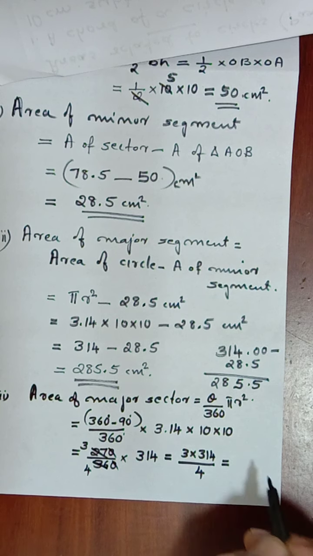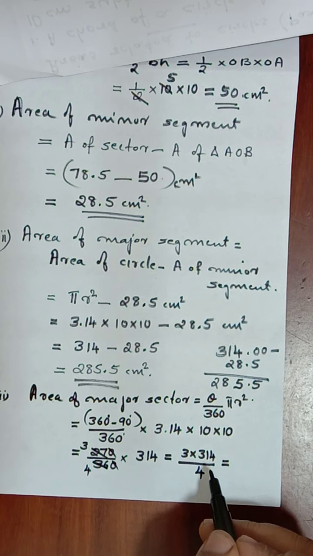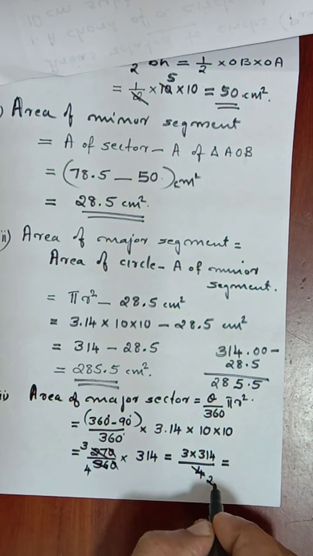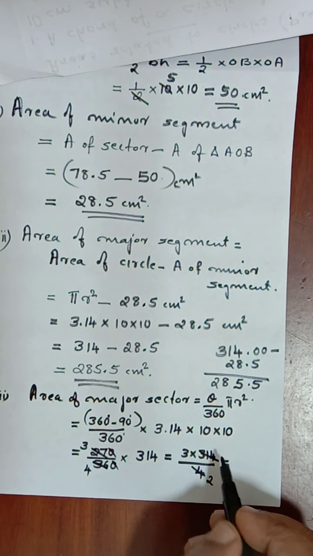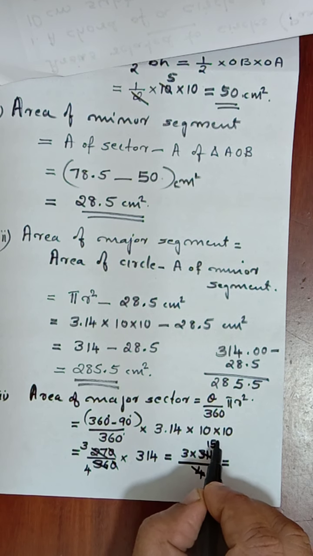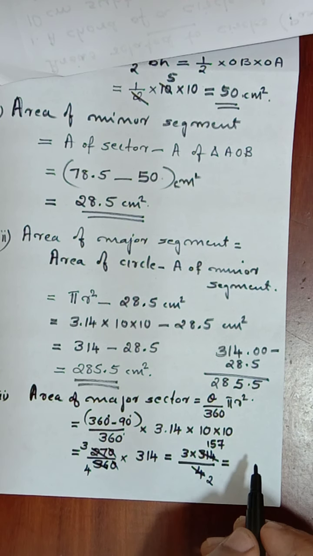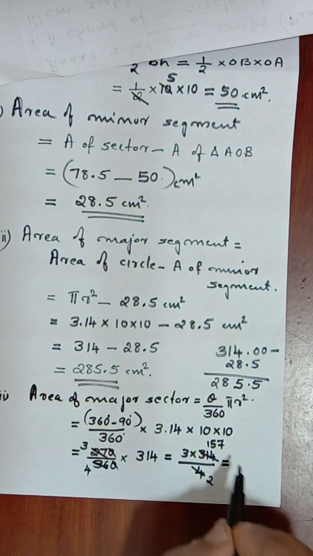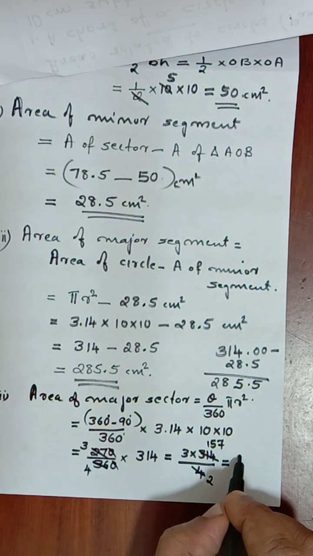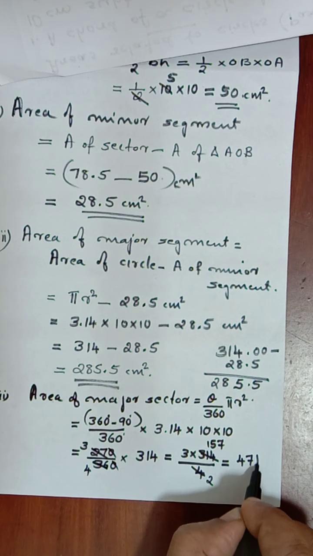Always when you write, you have to write neatly, then only calculation will be very clear. So divide it by 2, 4 divided by 2. Same way 314 divided by 2 will be getting 157. So multiply now 3 into 157. What is 3 into 157? You are getting 471.